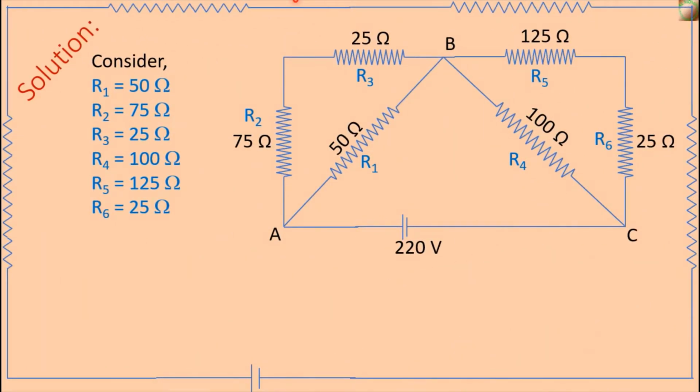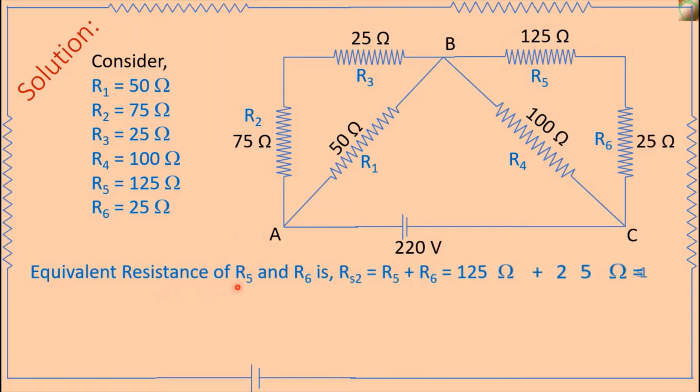Now we will determine the equivalent resistance of R5 and R6. The equivalent resistance of R5 and R6 is Rs2. Here R5 and R6, these two resistances are connected in series.